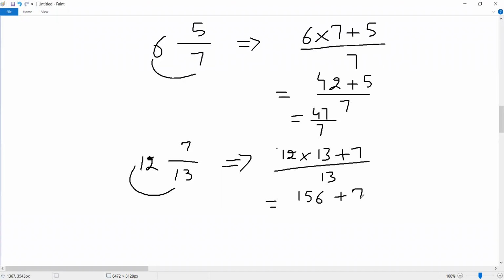Then you add 7 over 13. 156 plus 7 will give you 163. So your answer is 163 over 13. Ibrahim Khan, it's correct.